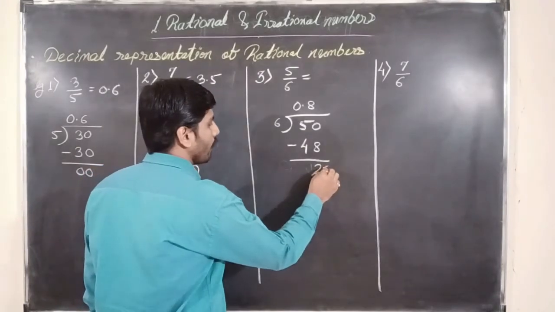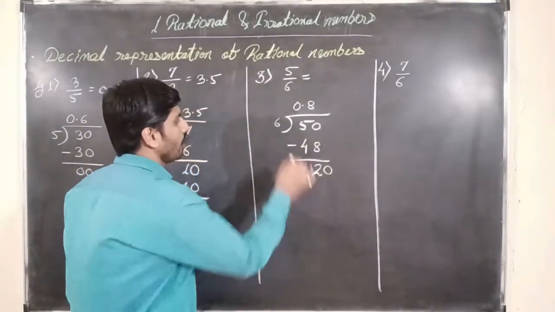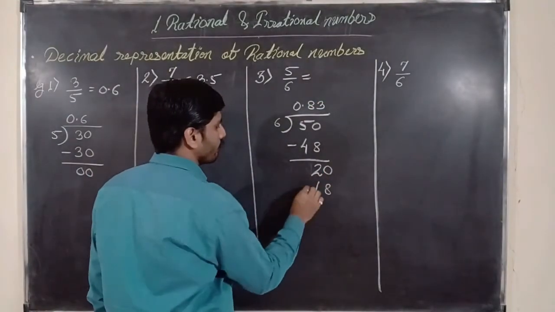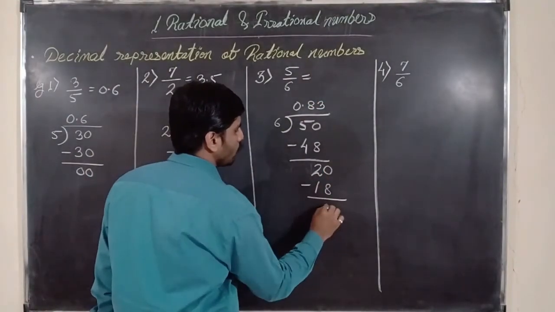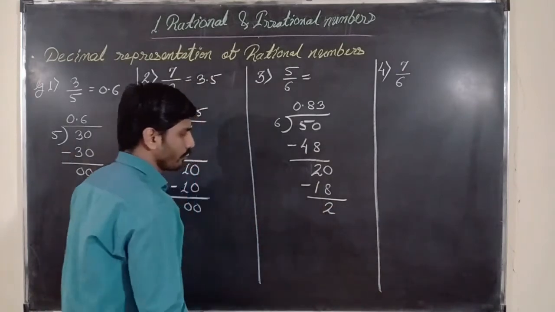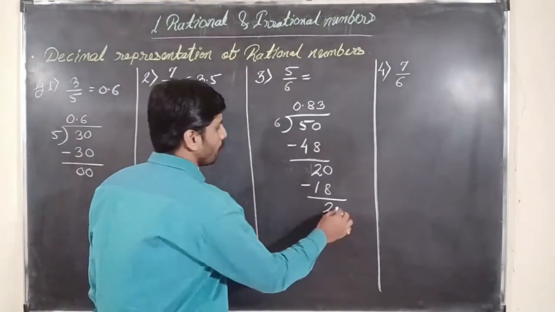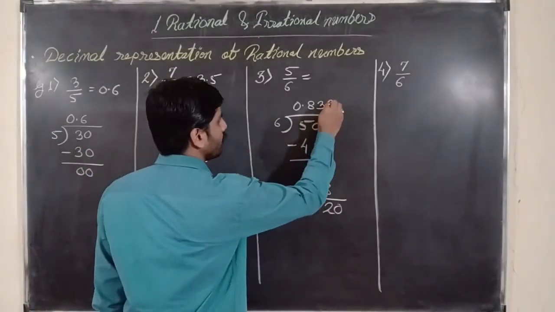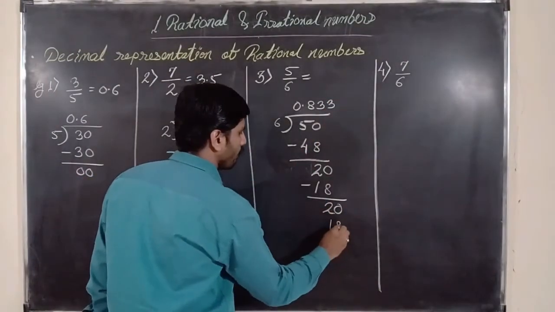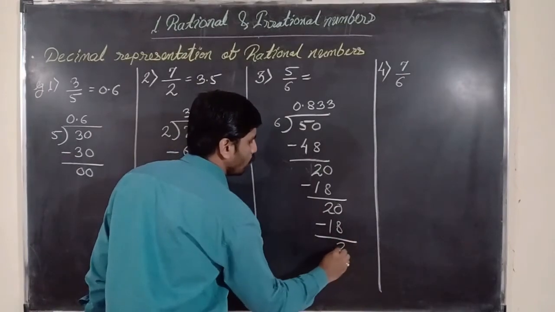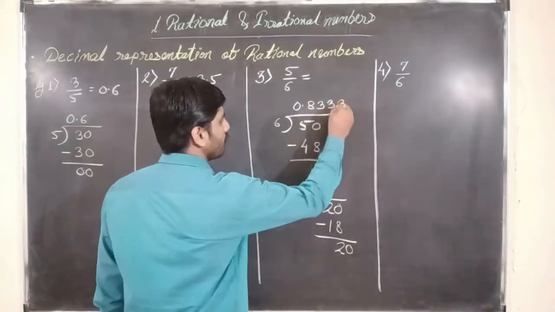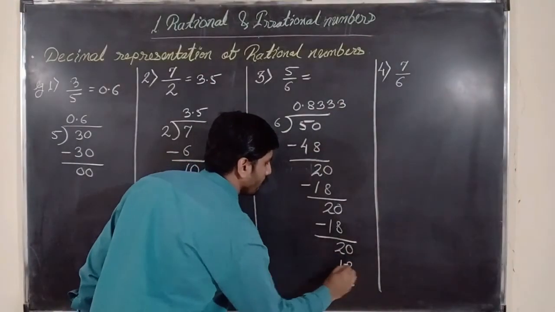We take another 0 and 6 threes are 18. The remainder is 2. We take another 0. This will become 20 and again 6 threes are 18. Again the remainder is 2.